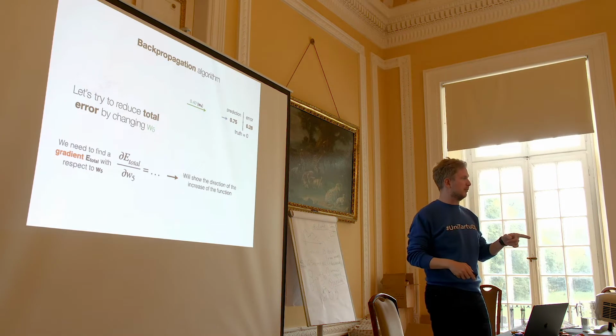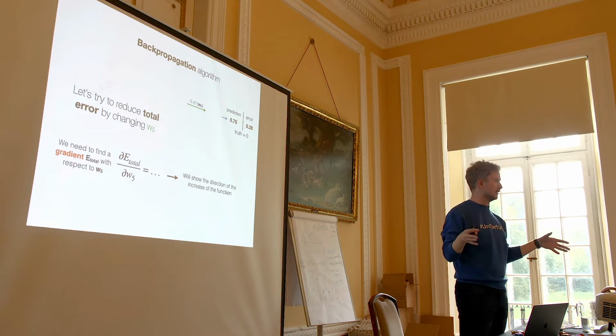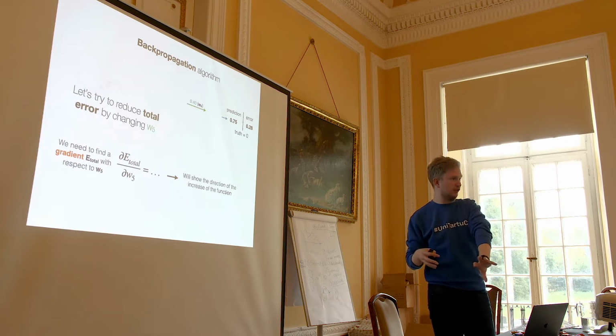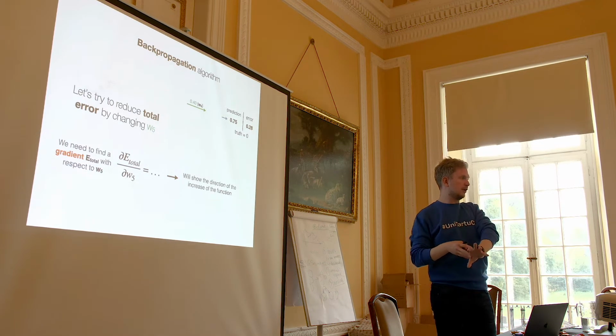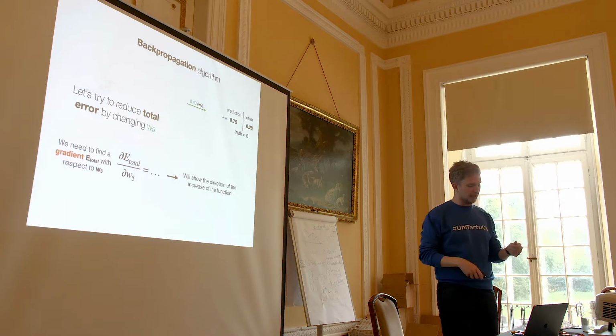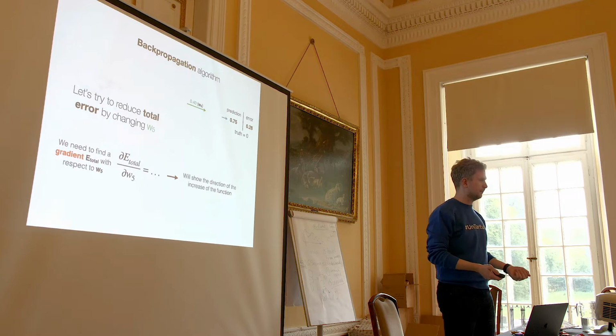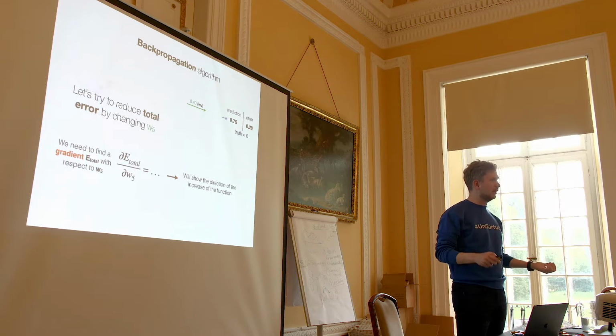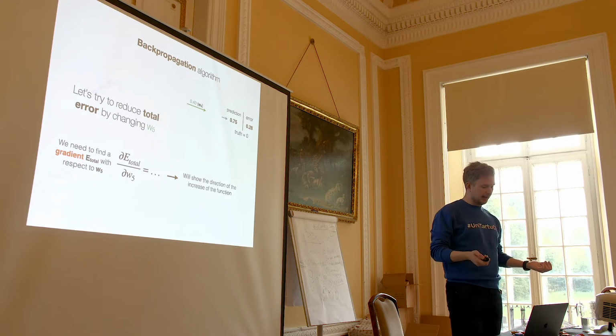The other part of the problem is that total error is a complex function, which somewhere uses W5, but it's one function on top of the other on top of the other. So we'll have to break the total error down into multiple functions.